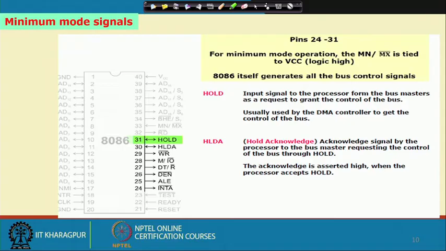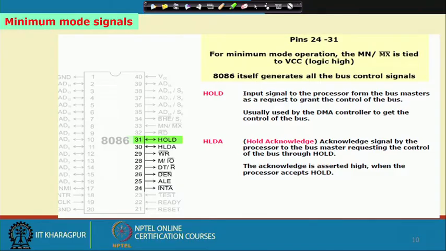This DMA controller has a number of secondary devices connected to it, and through it we can transfer data blocks from these IO devices to the memory without any intervention of the processor.